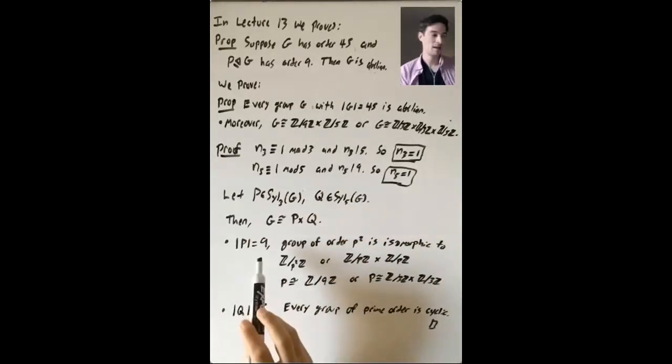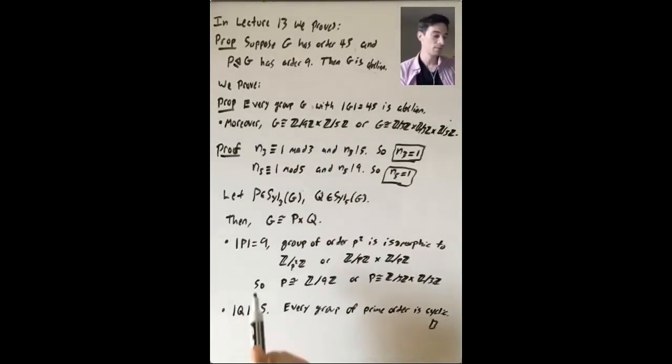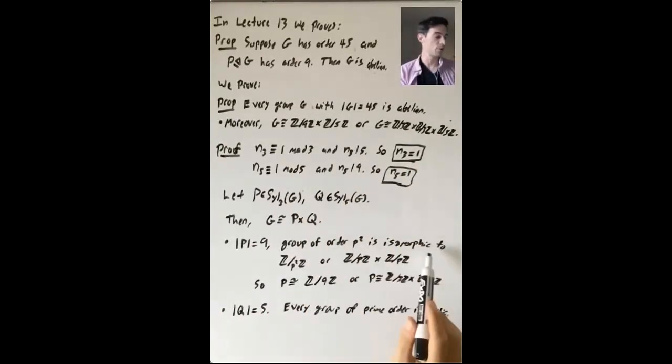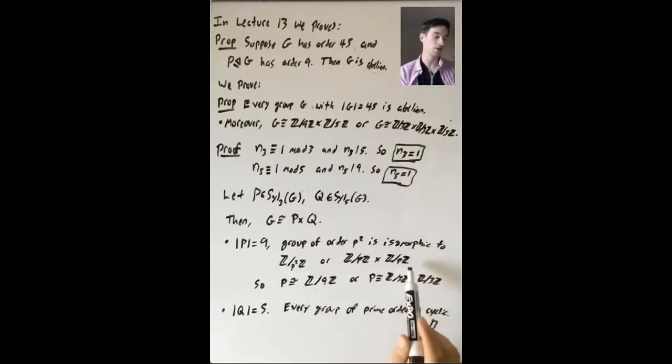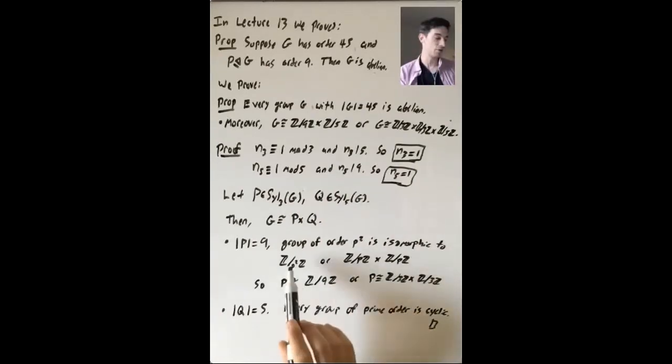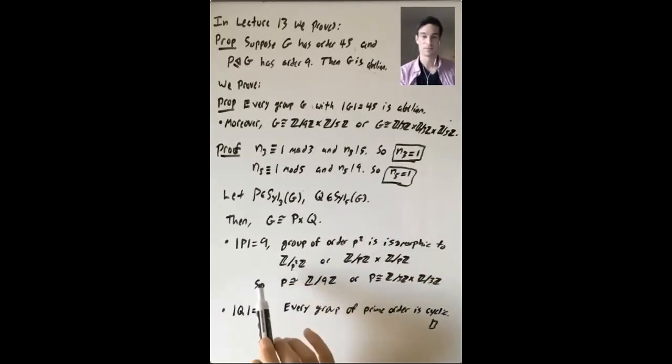OK, how do we do this second classification part? Well, we proved earlier that if you have a group of order p squared, it's either isomorphic to Z mod p squared Z or Z mod pZ cross Z mod pZ. These groups are clearly not isomorphic to each other. One is cyclic, the other is not.